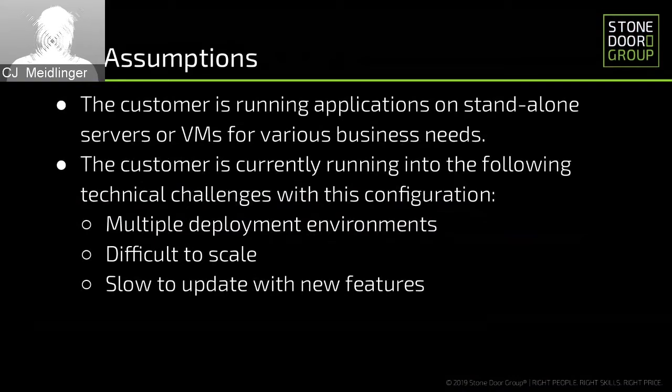And when you have these disparate environments, it's really difficult to scale. That reminds me of the third bullet there, on being slow to update new features. Considering all these variables in your deployments or your customers' deployments, if you're an upstream vendor of the software, the differences in these environments mean that you have to dot your I's, cross your T's, and really be sure of any updates that you want to apply.